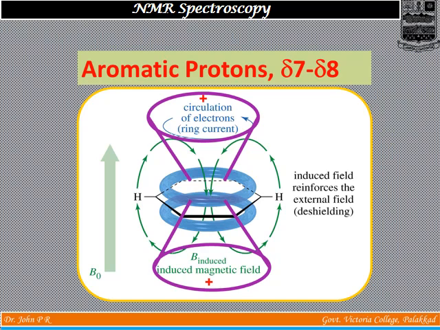See, at the center of the benzene nucleus, the induced field is opposite to the applied field B0. But when the magnetic lines of force reach near hydrogen, the induced field and the external field are aligned.